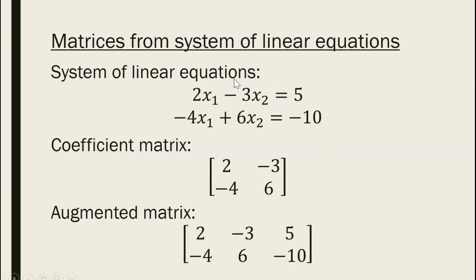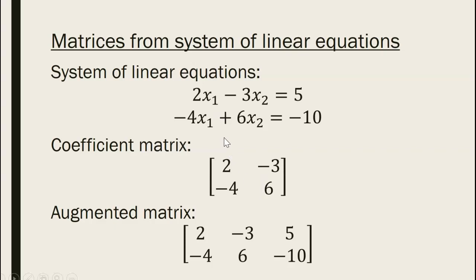If you do that, then we can write 2 different kinds of matrices. We can write what's called the coefficient matrix for this system. The coefficient matrix is just the matrix of the various coefficients on your variables.